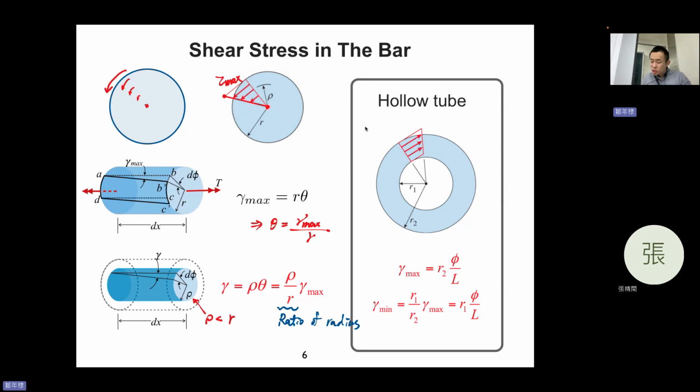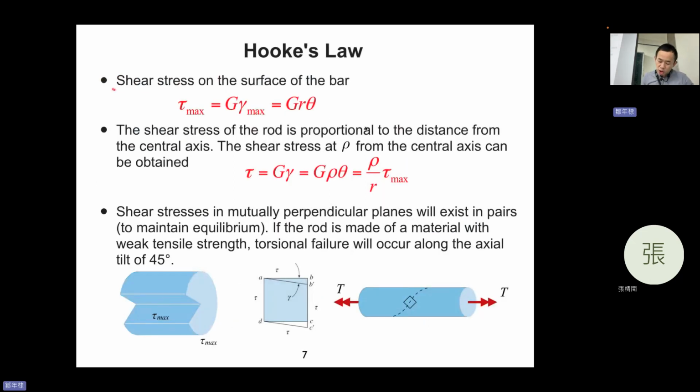Next is Hooke's law. Hooke's law, shear stress on the surface. Of course, tau max is on the surface, right? Tau max equals G gamma max, and gamma max equals R theta, no problem. We introduced this in the previous few pages. And of course, if we are talking about inside the bar, the tau is no longer tau max.